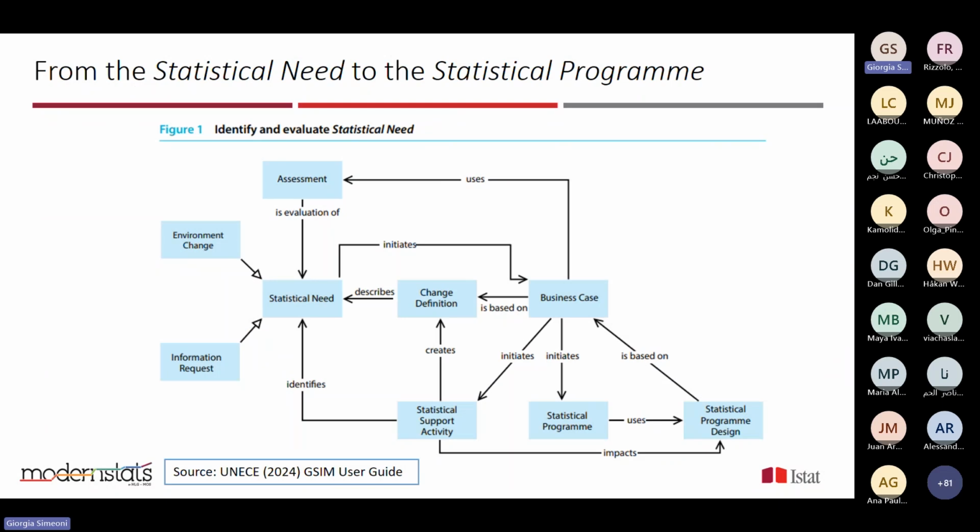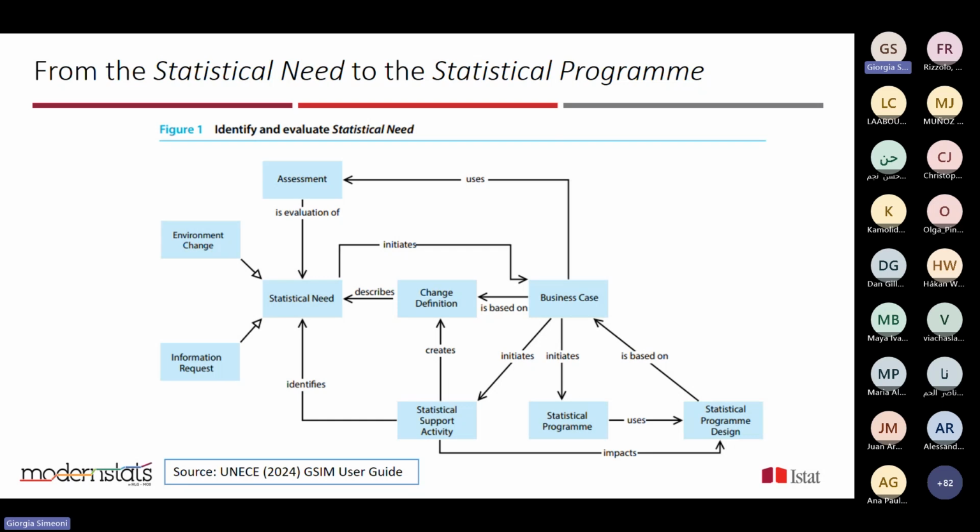So let's start with one scenario that we can represent, that is how we can pass from the statistical need to a statistical program. So the statistical need is quite easy to understand, it is an information need from a user that can be of different types.